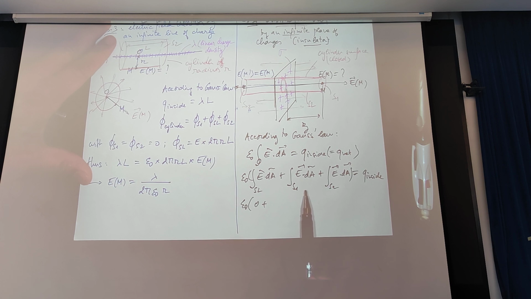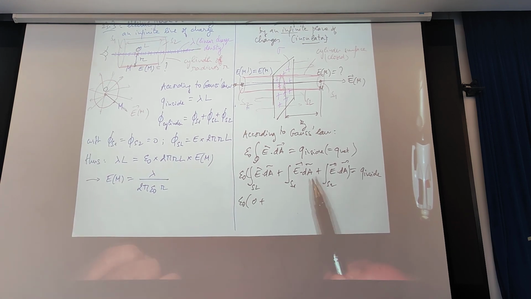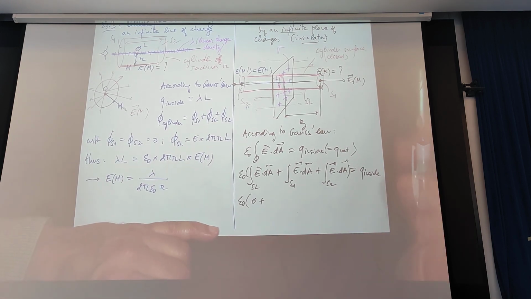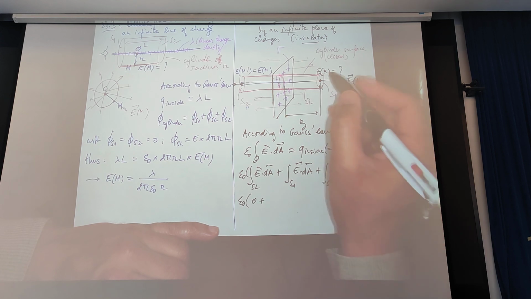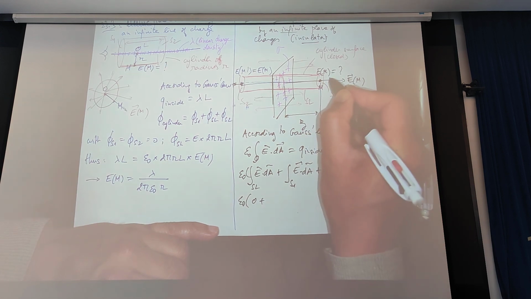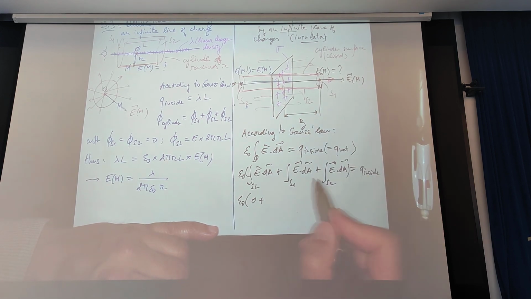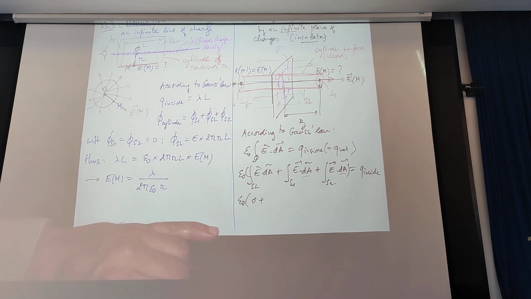Because here the small vector dA is outward, remember that the dA vector has to be outward, so dA is like this.